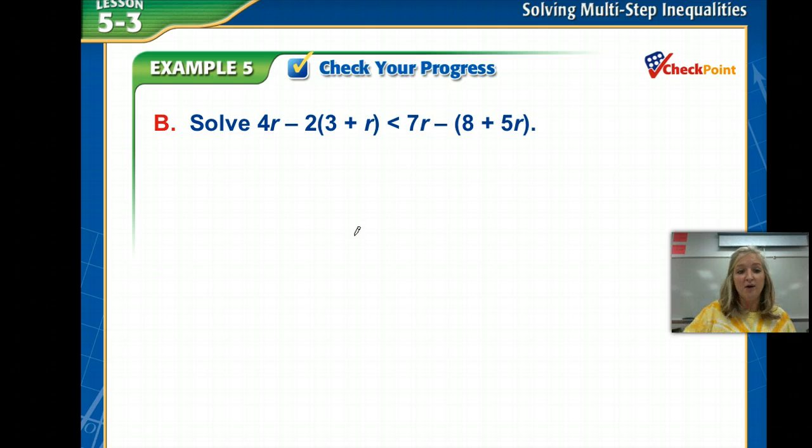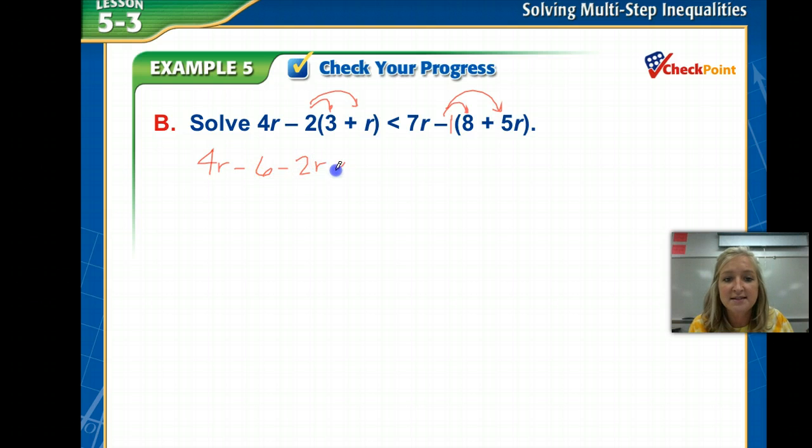All right, we have another big one here. So I am going to distribute here and distribute here. This negative here, we could substitute a negative 1 in front of it. So I have 4r minus 6 minus 2r is less than 7r.